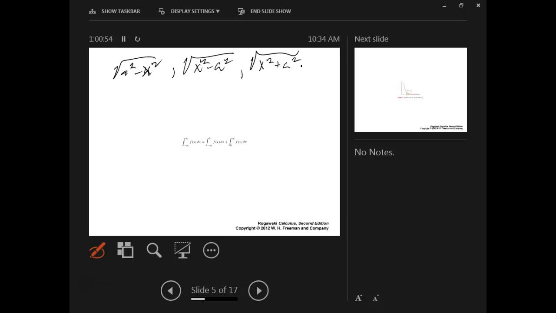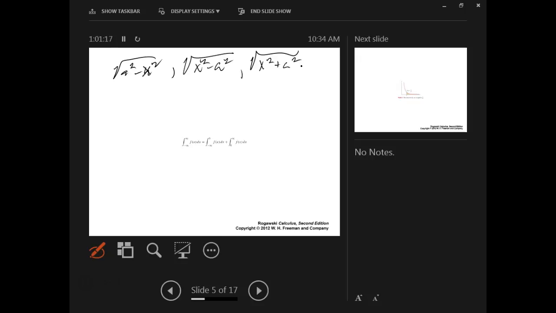But these are trig substitutions. In this kind, you let x equal a sine theta. This one's let x equal a secant theta. This is let x equal a tangent theta.